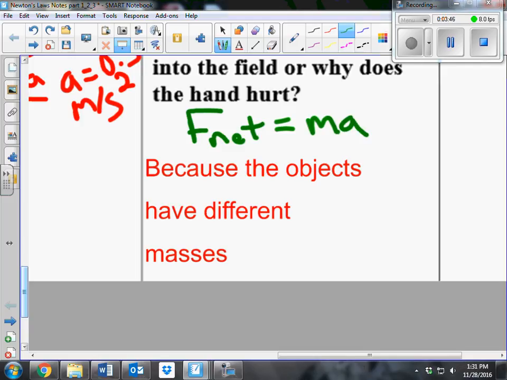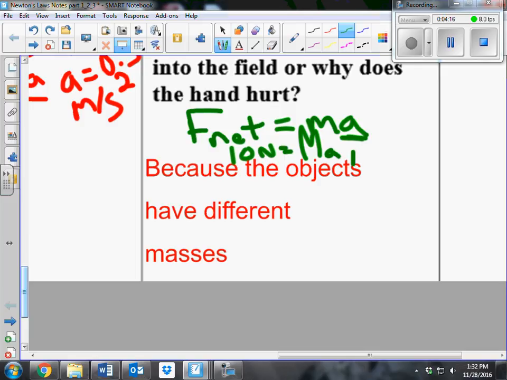Well, if the bat and the ball are experiencing the same force, then the other side of this equation has to balance. Why? Because if they're both experiencing 10 newtons, the mass of the wall and the mass of my hand are both fixed. Since they're fixed, that means the acceleration is going to be different. In the case of the wall, it has a huge mass, which means it's going to have a very small acceleration.